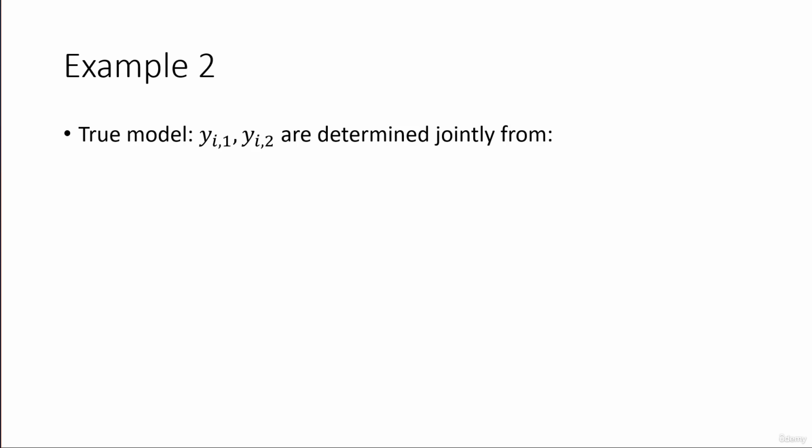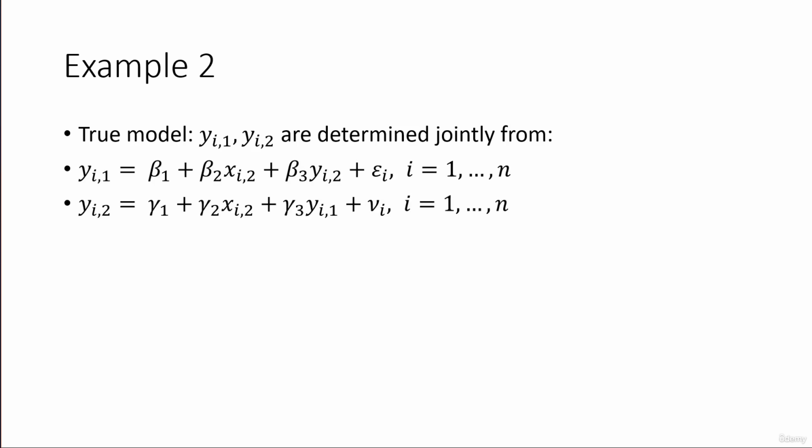One specification explains the first dependent variable, y1, and the second model explains the second dependent variable. So in my first equation, I have an exogenous x variable, but for my second explanatory variable, y2, I have a simultaneity problem. Not only is y1 determined by y2, but y2 is also determined by y1.